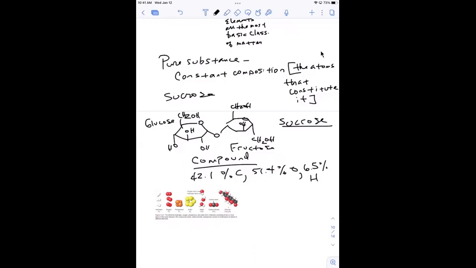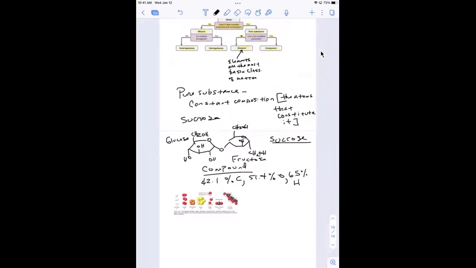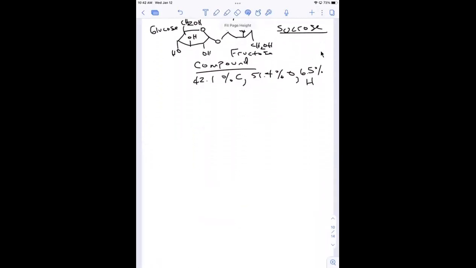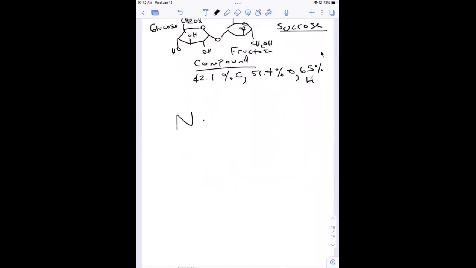All right, so if I take that sucrose and I heat it up and it undergoes a chemical change, you can break it apart, you can break it down. That's what that means. Also, if a pure substance can be broken down, then we call it a compound. If it cannot be broken down, then we call it an element. So this is an example of a compound. Let me take this out of the way. An example of an element would be just like sodium.